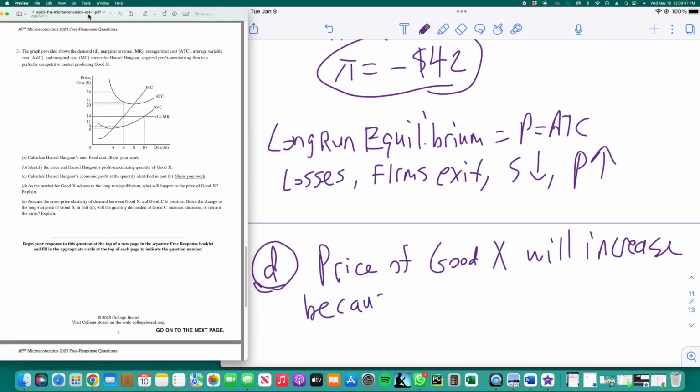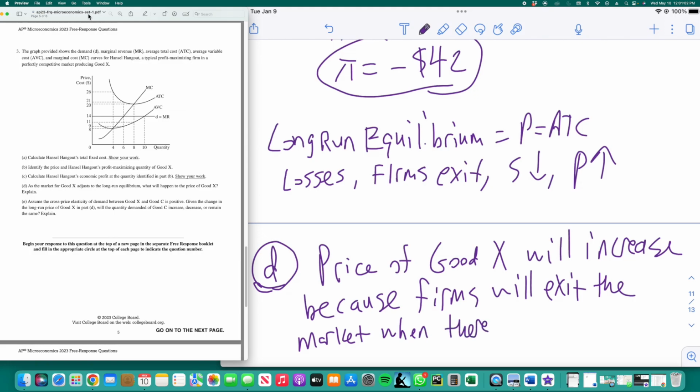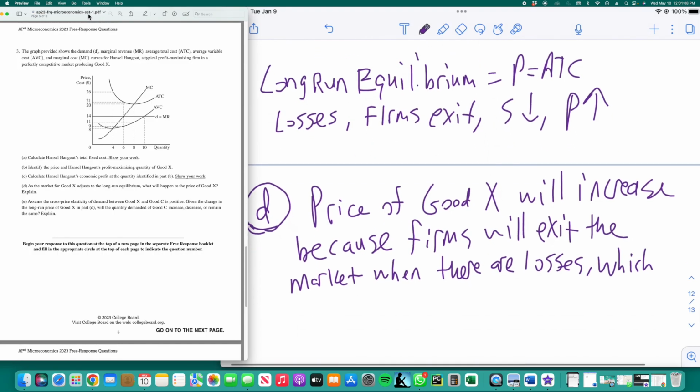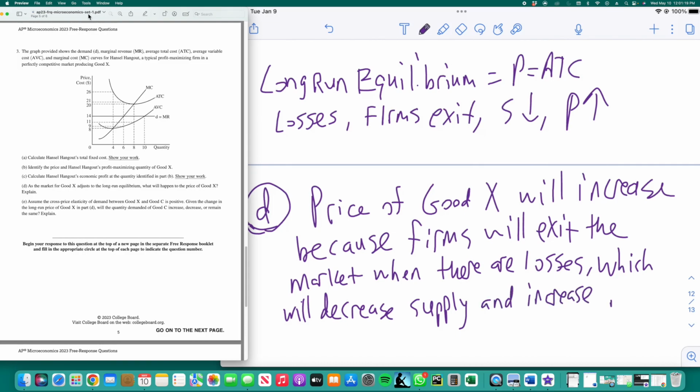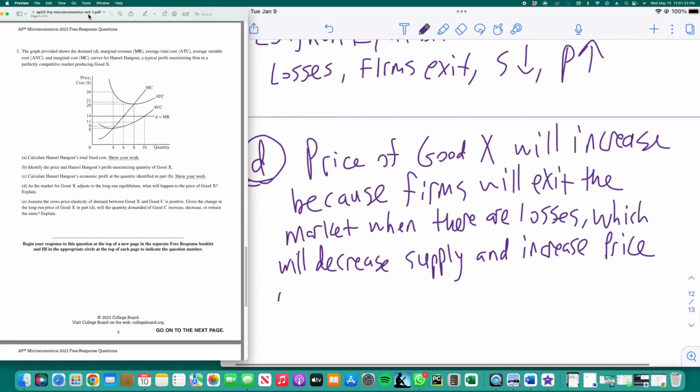because firms will exit the market when there are losses, which will decrease supply and increase price until price equals ATC.